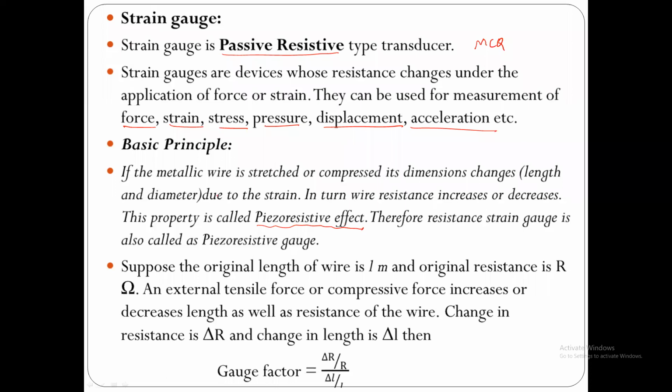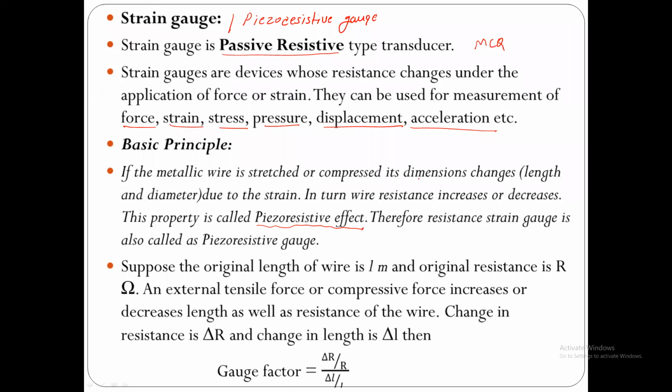Means another name for the strain gauge is nothing but piezoresistive gauge. Why is it called a piezoresistive gauge? It is given in that basic principle. Once again, please try to read it very carefully. If the metallic wire is stretched or compressed, if you take one metallic wire and apply pressure, either you can pull both ends of that wire or you can compress that wire.